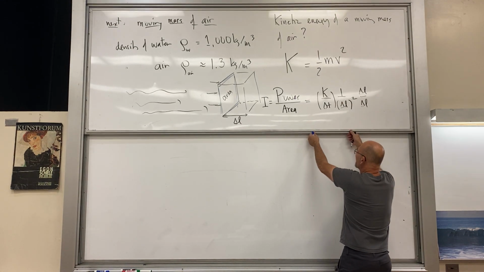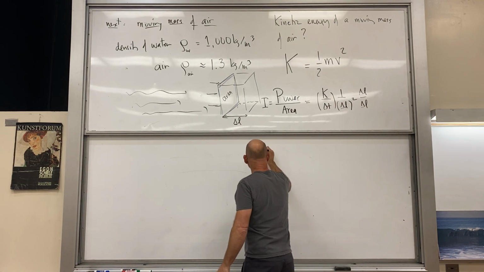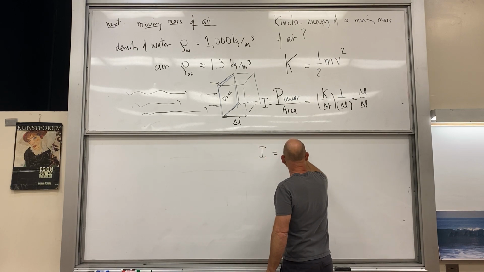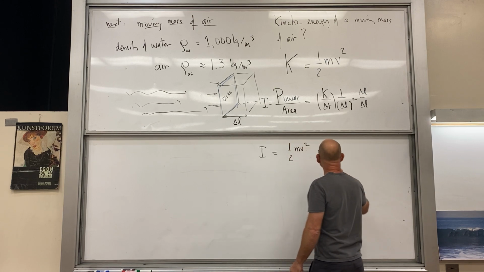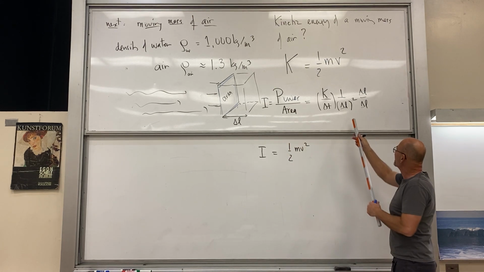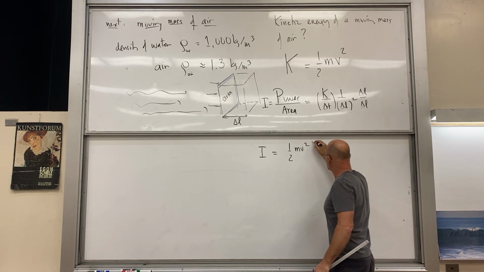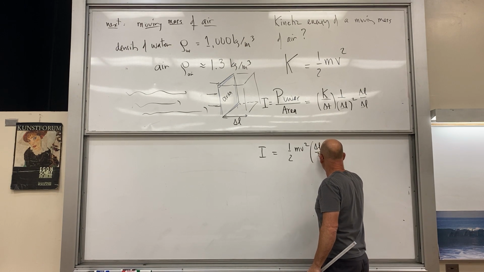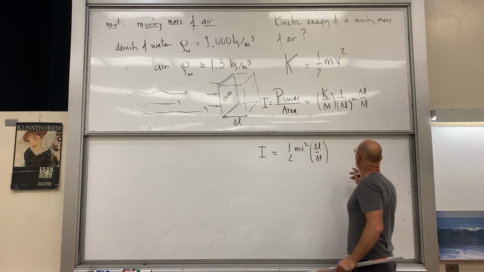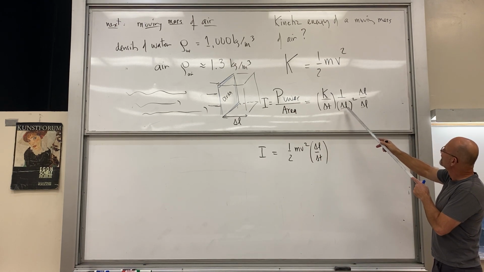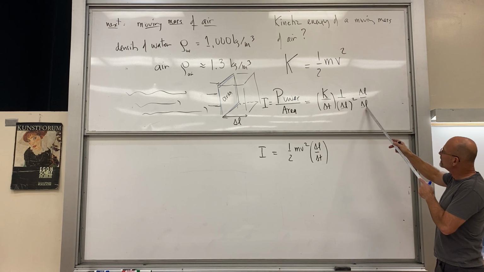So let's see what we get now. I is equal to 1/2 mv squared, that's the K, I'm going to take a delta L over delta T, and that's going to leave me delta L cubed.